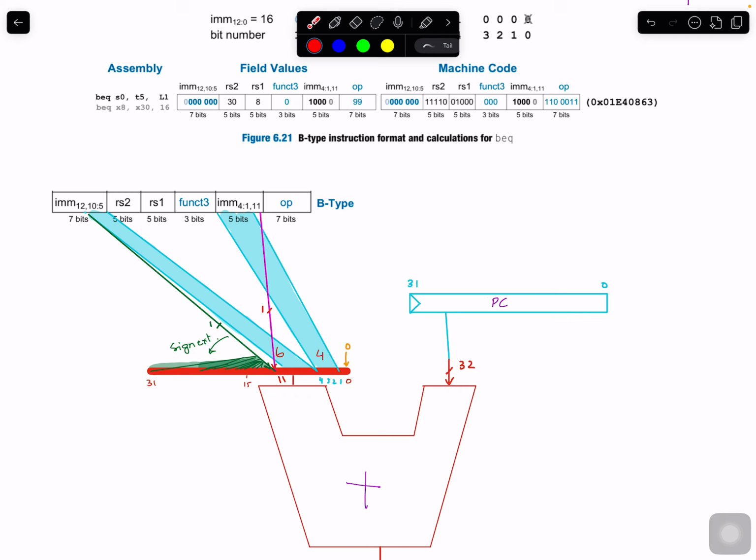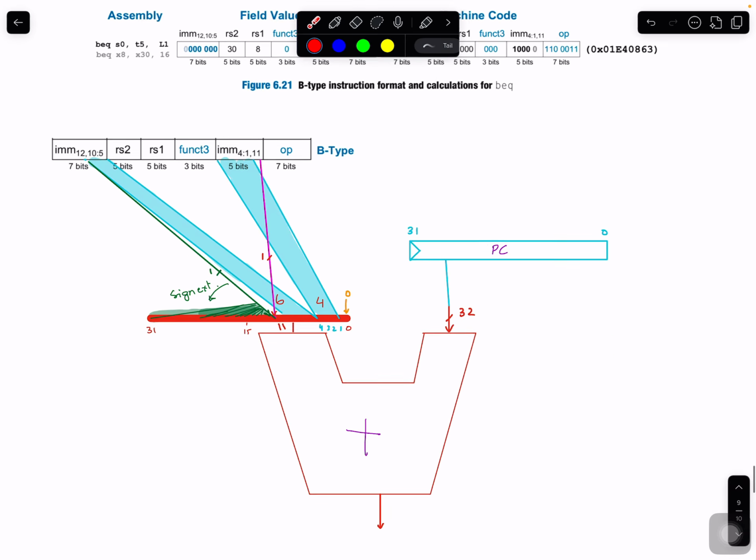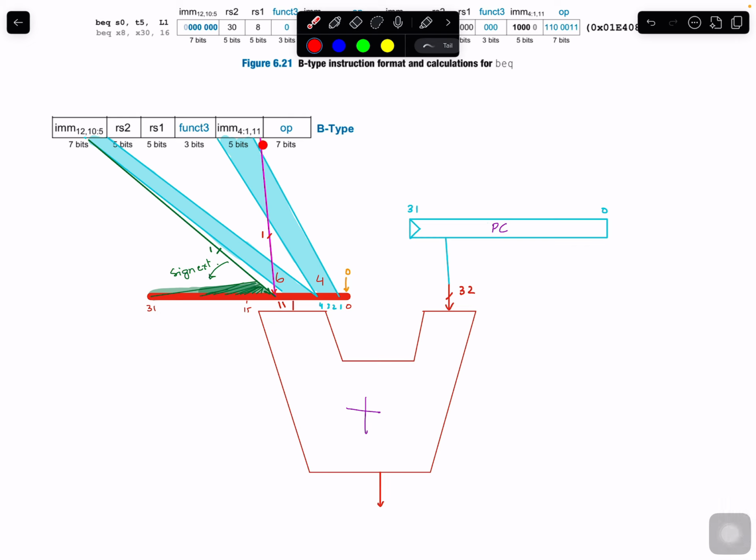And here, the rest of the bits are the same, 1 to 4, just like the S type. If you look, bits 1 to 4 are the same, and here we are just making room. We are just detecting whether it's a B type or S type, and based on that we will have a simple piece of hardware to direct this one. The rest of the wiring will be identical; when we implement it later on, you will see it. Even if you haven't fully understood, think about it a little more and you will.